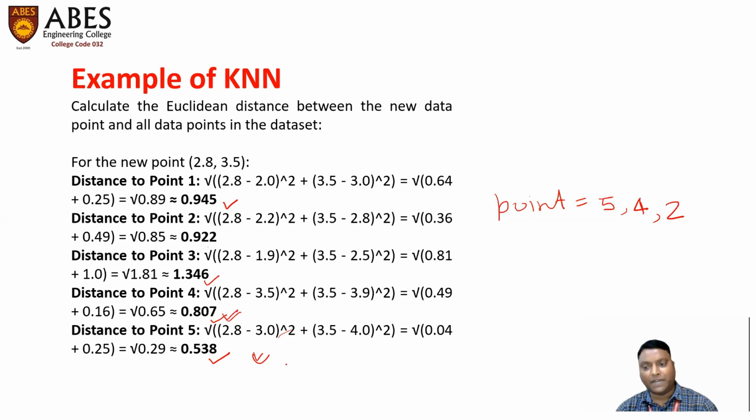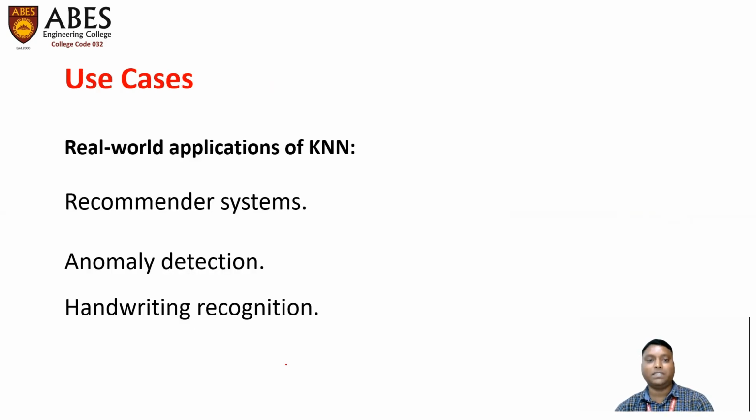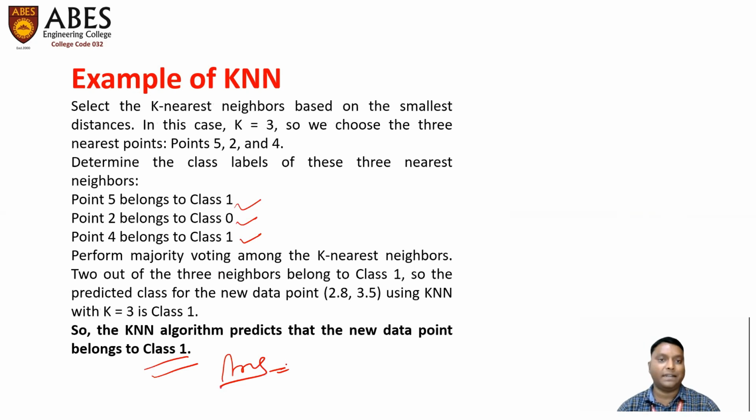If k is given as 5 or 2, whatever the value of k is, you have to select only those data points. Okay, and the majority of the data points belong to which class, the new data point will also go with the same class. In our case, the majority of the data points are associated with class 1, so the new data point will go in class 1. So we can say that the new data point 2.8 comma 3.5 will come in class 1.